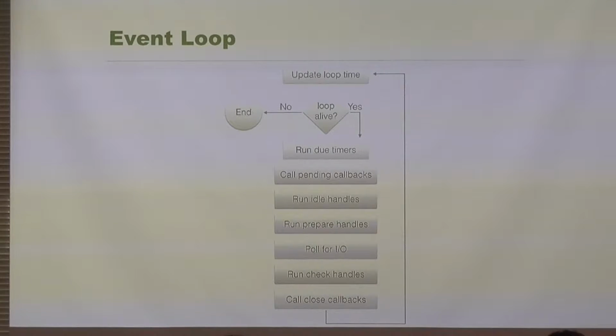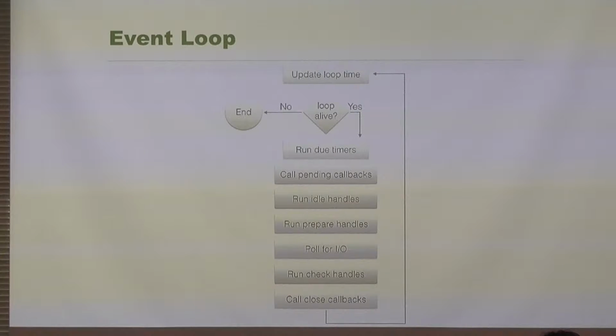Then we want to run what's called a prepare handle. Prepare handles are basically an indication that we are about to begin polling for I/O. The next step is we actually do poll for I/O. If you remember from a few slides ago, the high-level architecture with the KQ and IOCP and event ports, this is where we poll for I/O using those mechanisms.